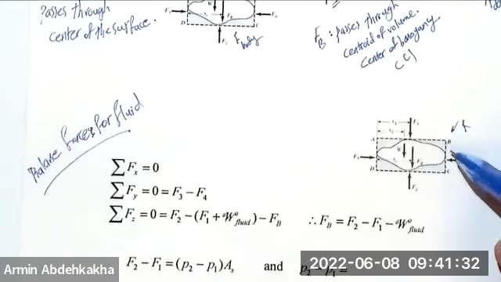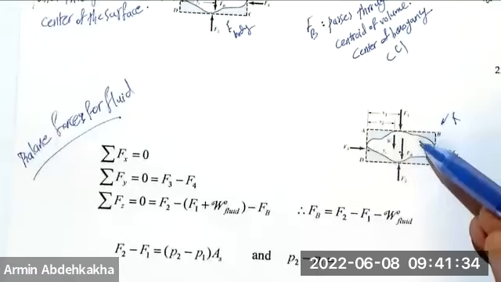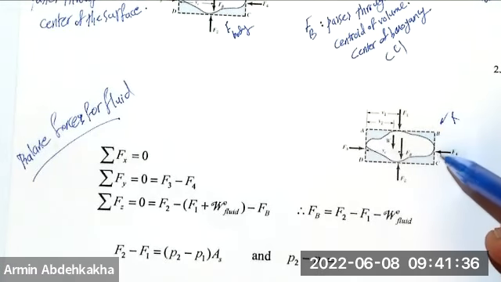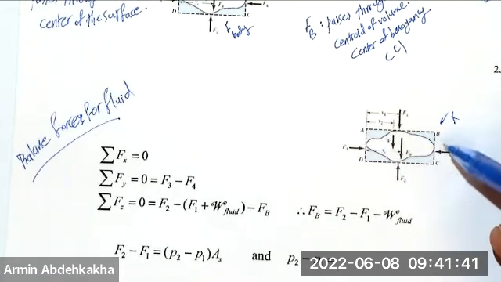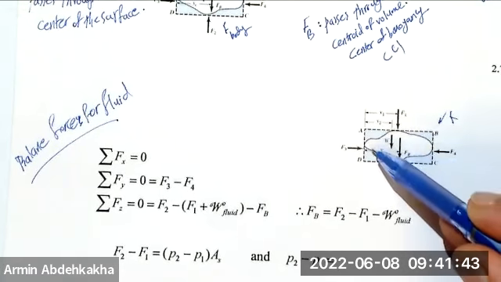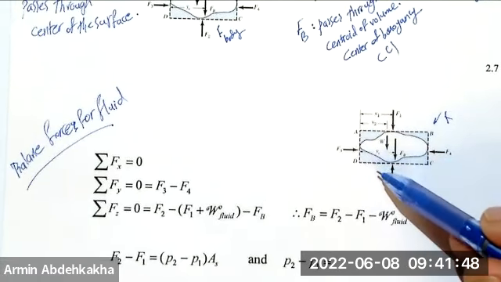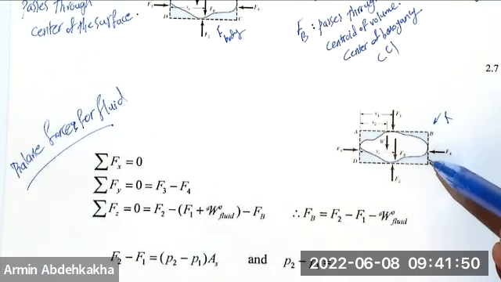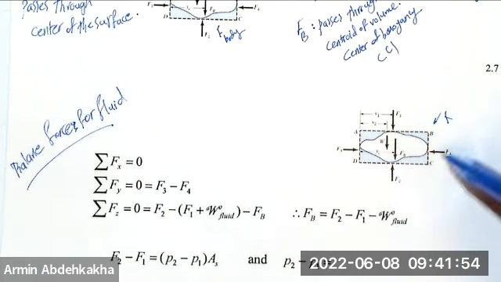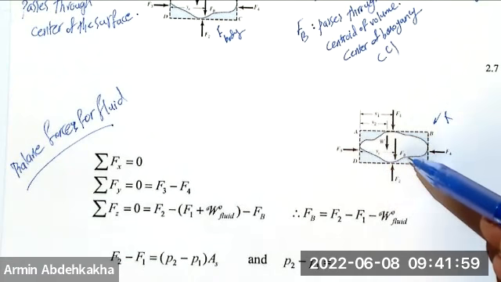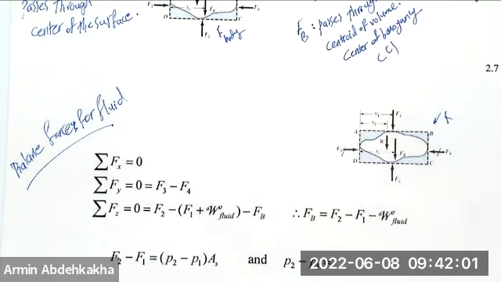But it's obvious that these are not going to change, because this is a rectangular shape, so the centers of the surface here and here are the same, right? When the points are on the same line, it means the same depth of fluid is on top of them. Then the pressures are the same, the areas are the same, so the forces are going to cancel each other out.